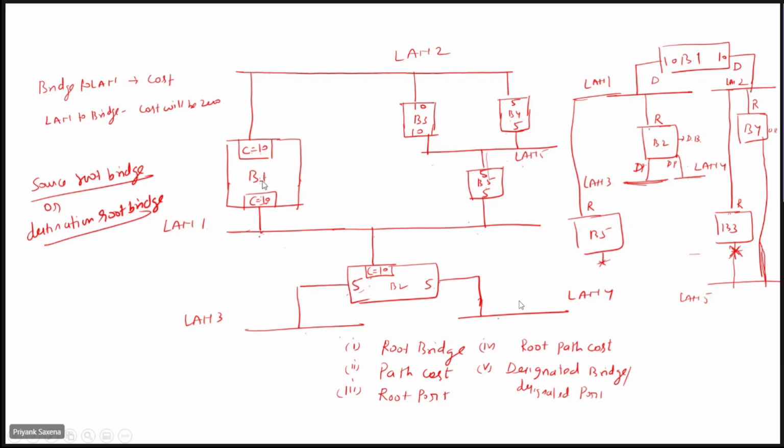So if I select it as a source route bridge, how will you reach, suppose you want to go to LAN 2? There is no other way. What will be the cost to reach LAN 2? 10. Okay, suppose you want to go to LAN 5, how will you go?